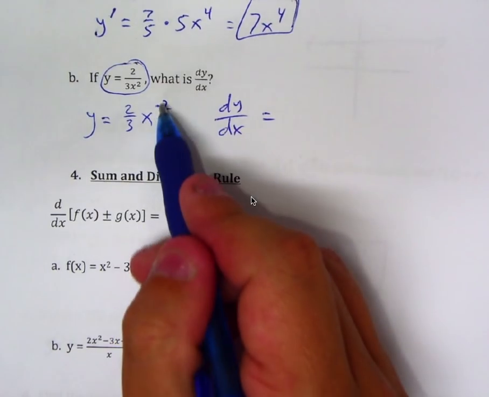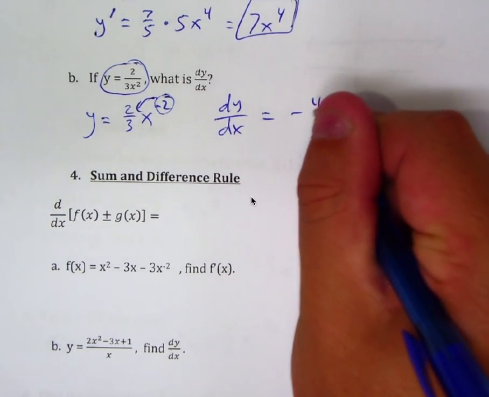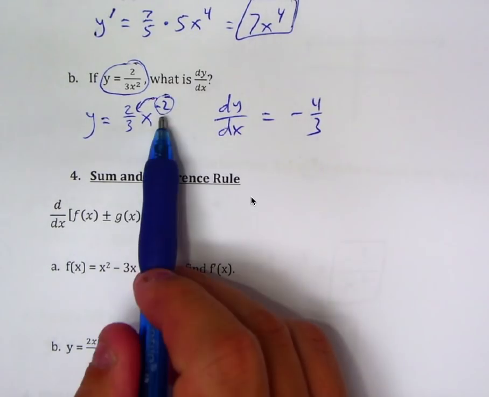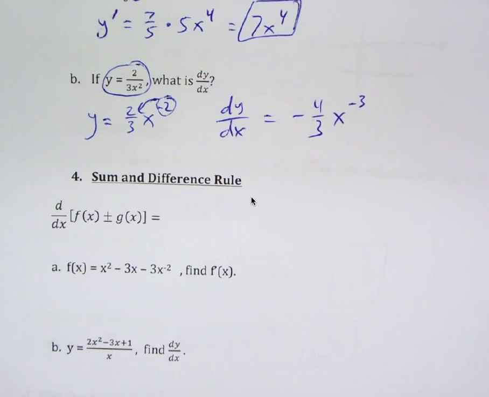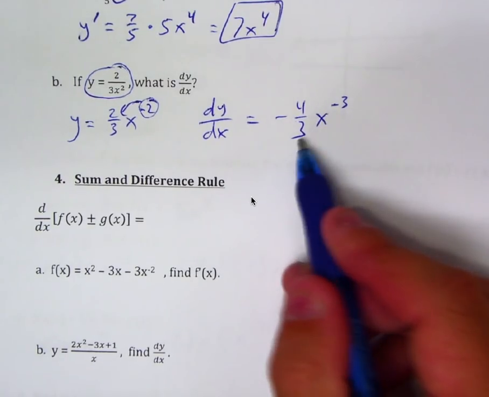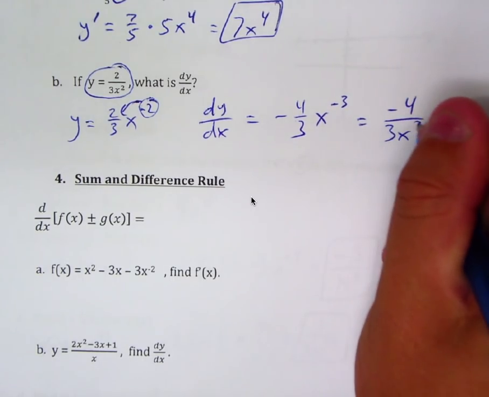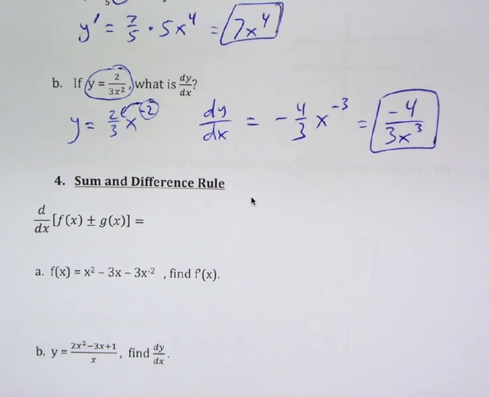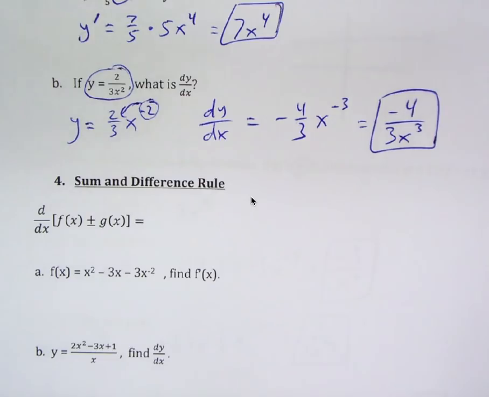We could take this power, multiply it to the coefficient, so we get -4/3, and then reduce your power by 1, so x to the -3rd. And then we can move x into the denominator, so we get -4 over 3x cubed. There's your derivative. But again, you have to manipulate the original function first to then be able to use the shortcut.